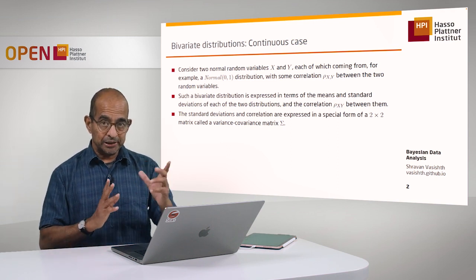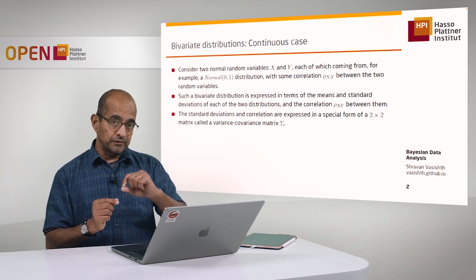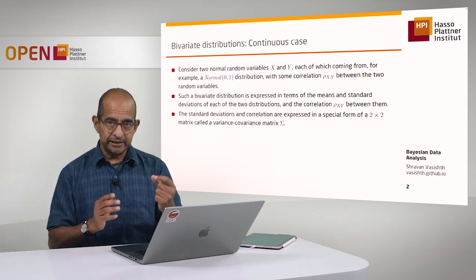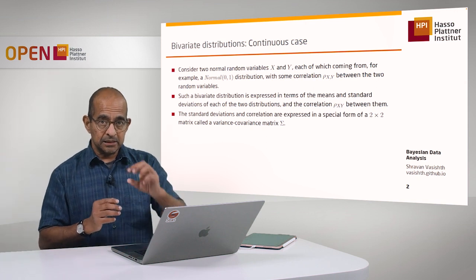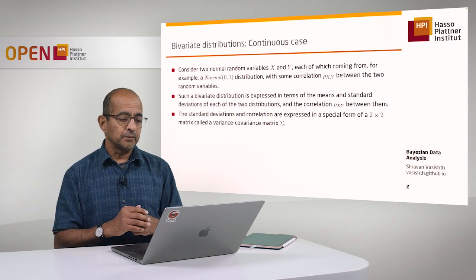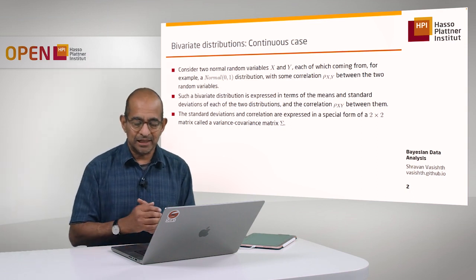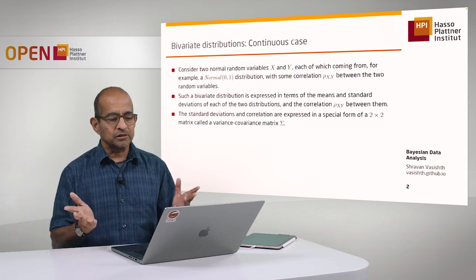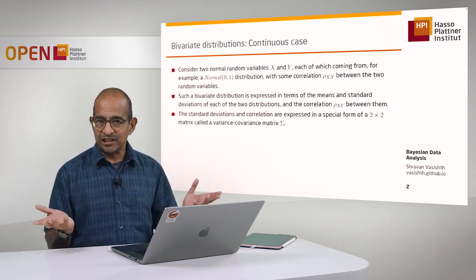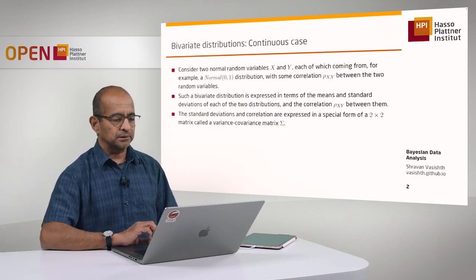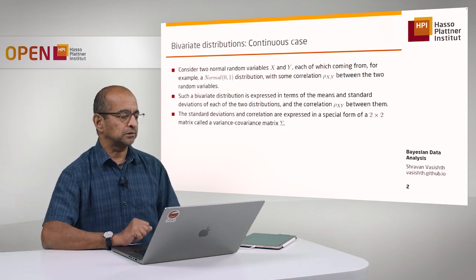When I'm talking about the correlation between two random variables, I will reference them with the subscripts, so that it's clear which random variables I'm talking about when I talk about their correlation, because there can be more than two. That's why this is necessary. But sometimes it's clear from context, and so sometimes you'll just see rho instead of the subscript. That doesn't matter because you know from context which correlation we are talking about.